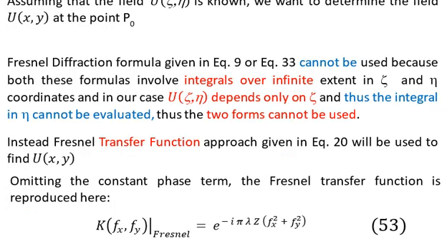The Fresnel diffraction formula given in equation number 9 or equation number 33 cannot be used because both these formulas involve integrals over infinite extent in zeta and eta coordinates, and in our case u of zeta, eta depends only on zeta, and thus the integral in eta cannot be evaluated. Because the integral involving eta has infinite dimensions, we cannot solve it. So the possible solutions through equation number 9 and equation number 33 are not possible.